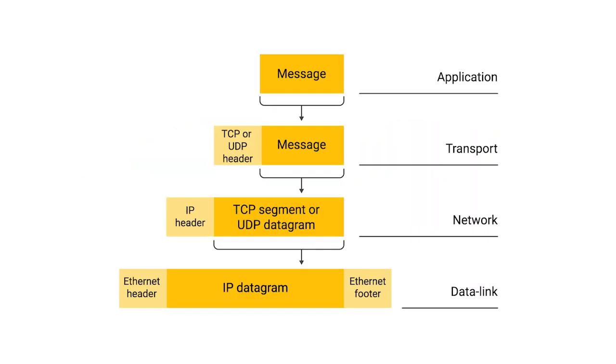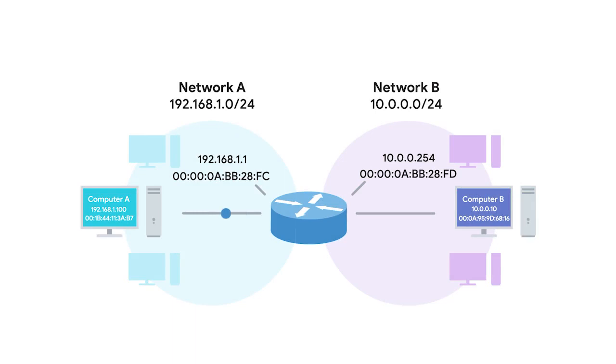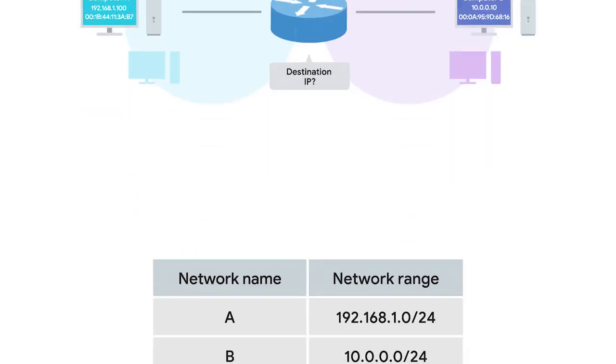The router's interface on Network A receives the packet because it sees that destination MAC address belongs to it. The router then strips away the data link layer encapsulation, leaving the network layer content, the IP datagram. Now, the router can directly inspect the IP datagram header for the destination IP field.